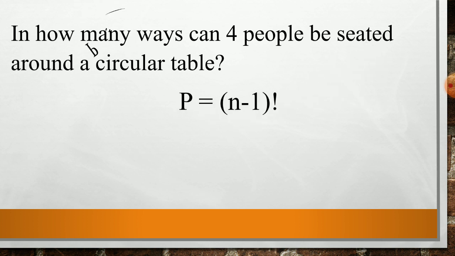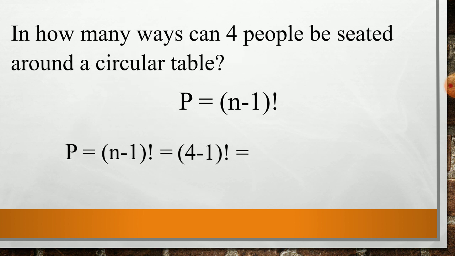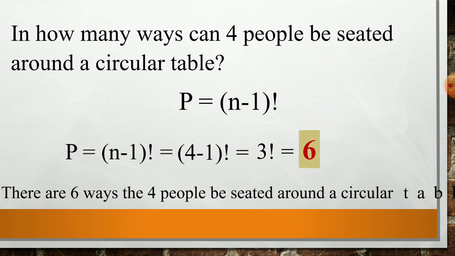Our n is equal to 4. So that will be 4 minus 1 factorial, which is equal to 3 factorial, which is equal to 6. So, there are 6 ways the 4 people can be seated around a circular table. That is all about permutation.